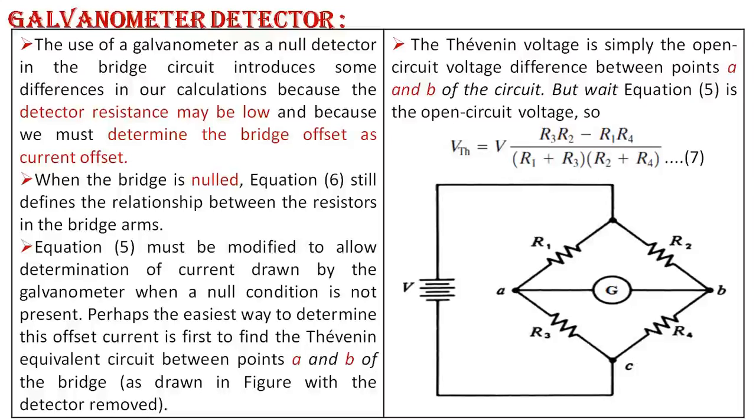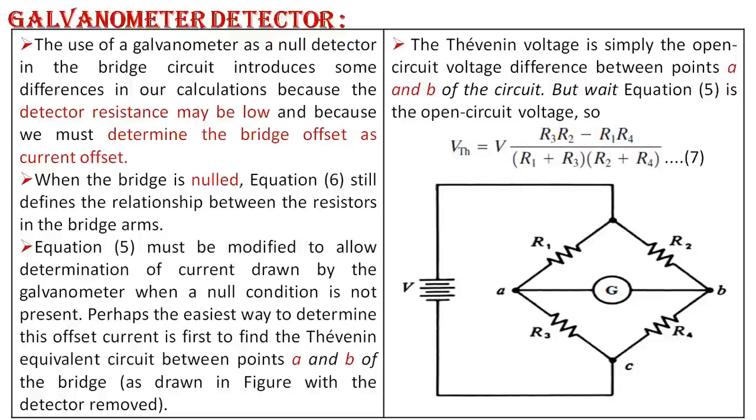When the null condition is not present, perhaps the easiest way to determine the offset current is first to find the Thevenin's equivalent circuit between points A and B of the bridge, as drawn in the figure with the detector removed. The Thevenin's voltage is simply the open circuit voltage difference between points A and B of the circuit, which is given by equation 5.